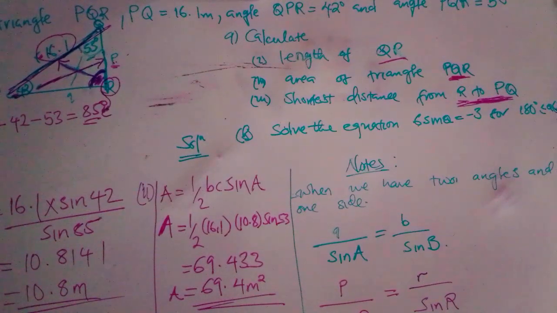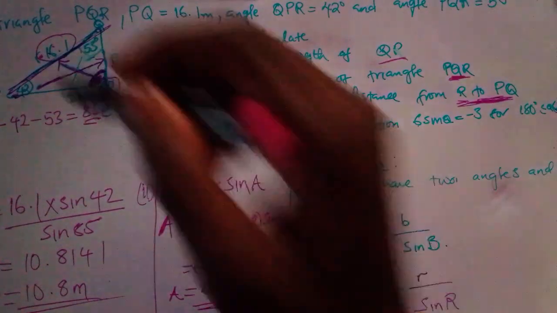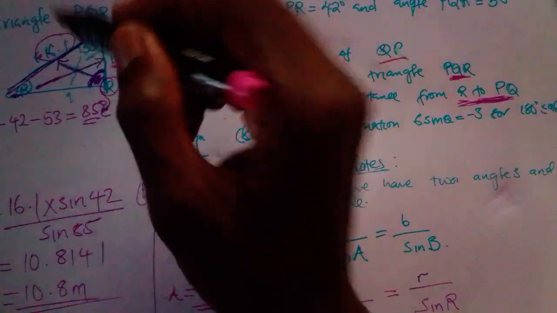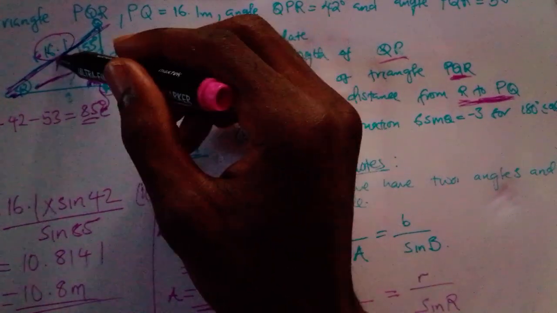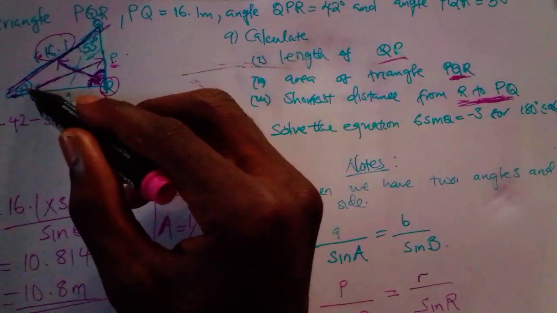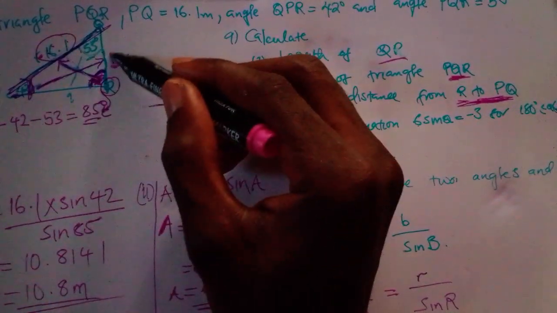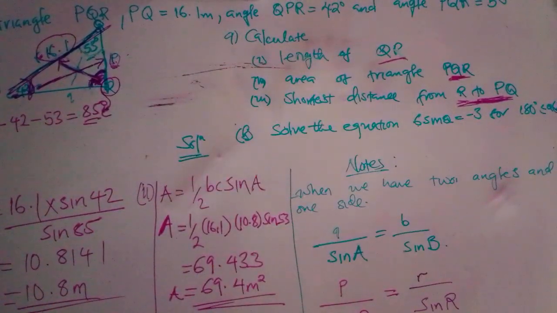And make sure the letters are clearly labeled before you start solving. The third thing is always make sure that the side and the angle are opposite to each other. Like this, we have 16.1, meaning the angle we are going to use should be opposite to 16.1. This angle represents this side, just like that.